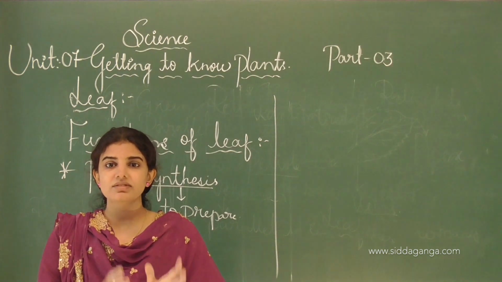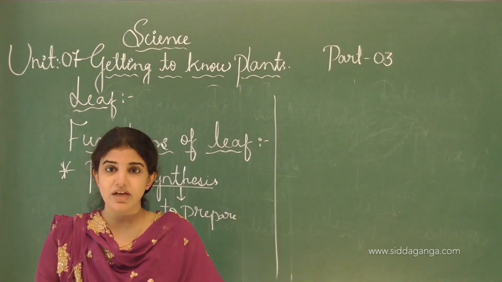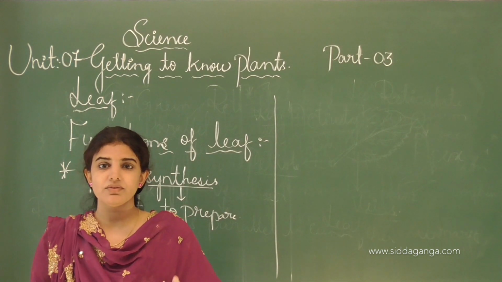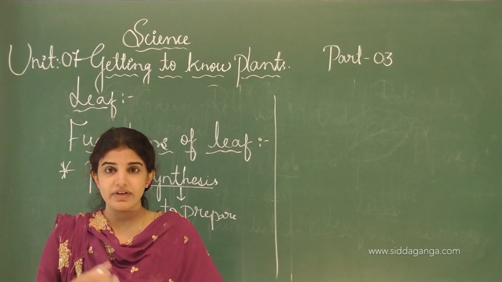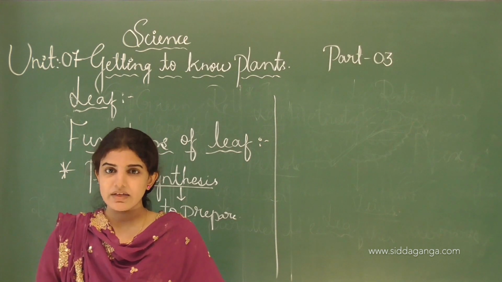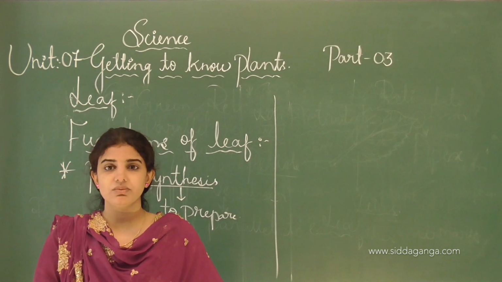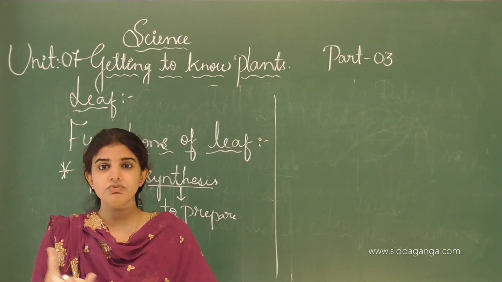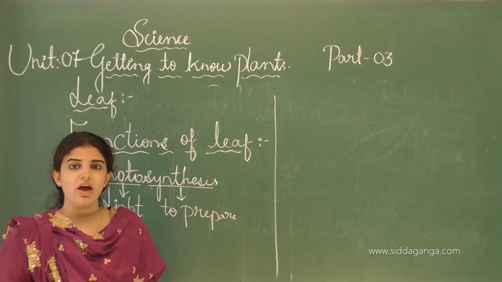By taking these simple substances, plants prepare starch, nothing but the food, and oxygen is released to the atmosphere, where all living beings inhale the oxygen, not only human beings, animals, birds, but even microorganisms which we can't see with our naked eyes. These organisms utilize this oxygen.